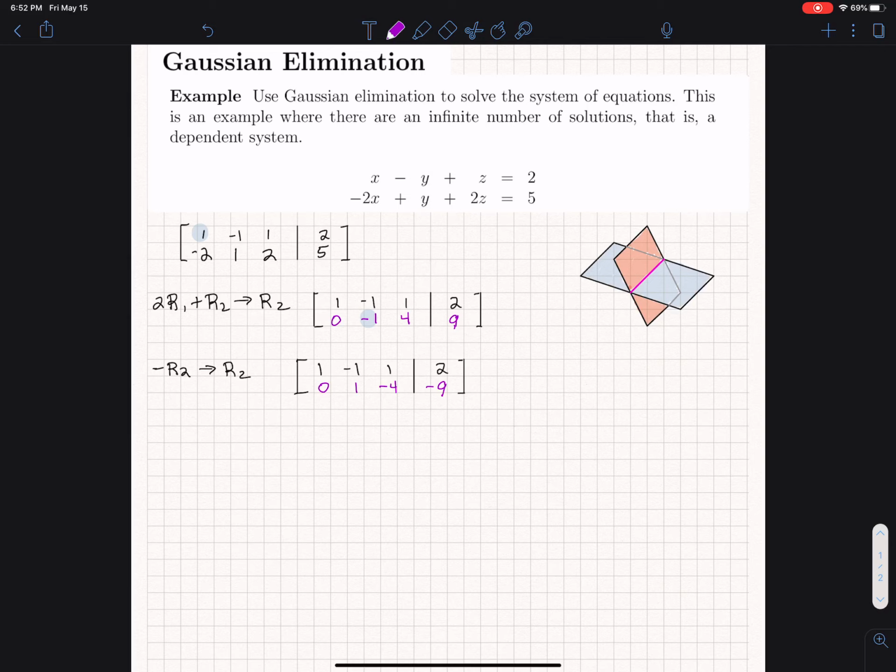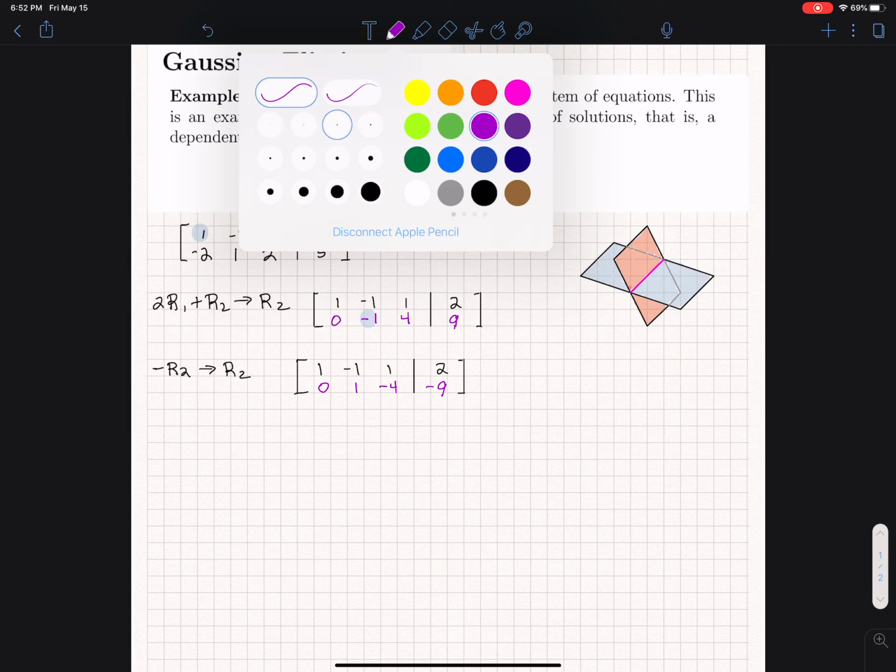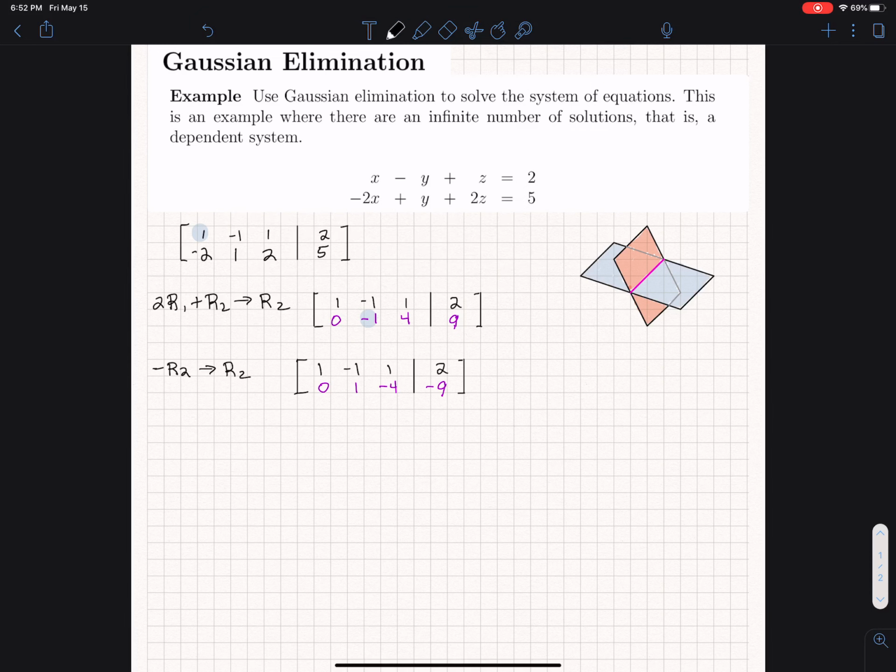All right, so this is in reduced row echelon form, which has the characteristic that when you look at the first row, the first non-zero entry is 1, and it's to the left of all the other non-zero entries in the whole matrix.